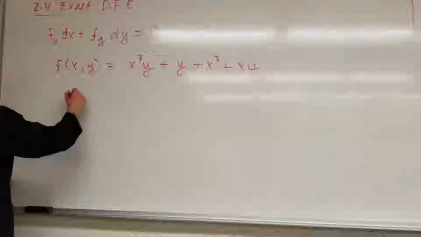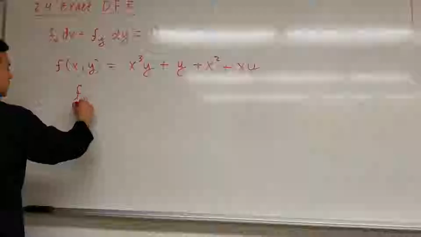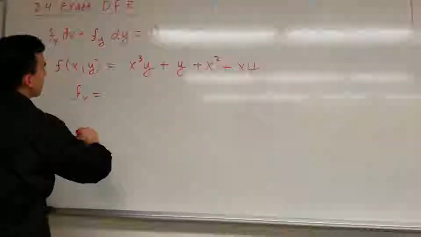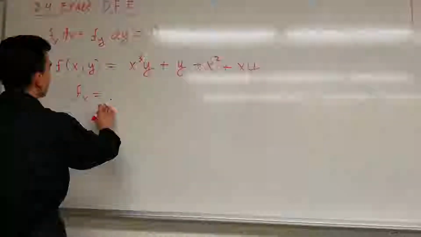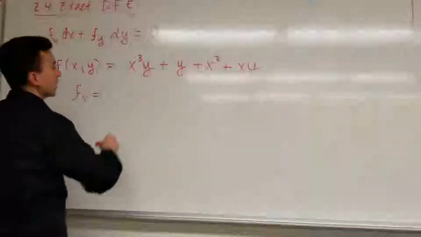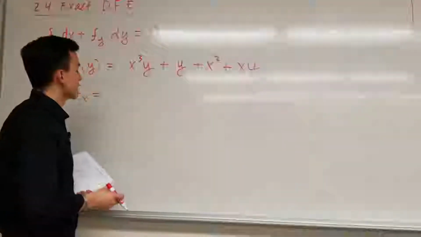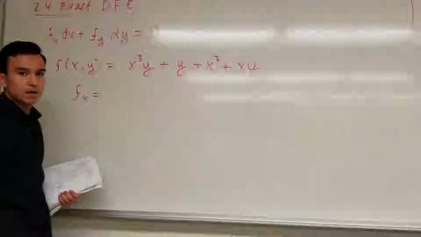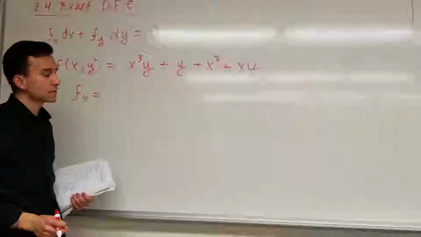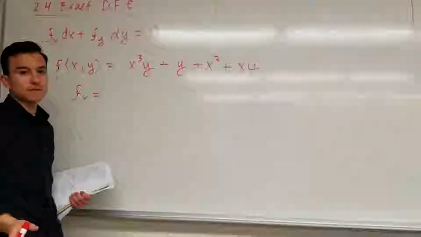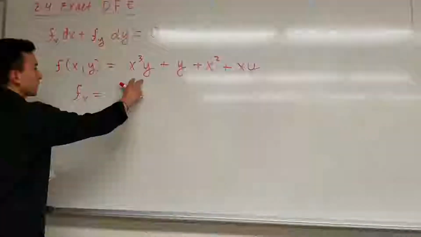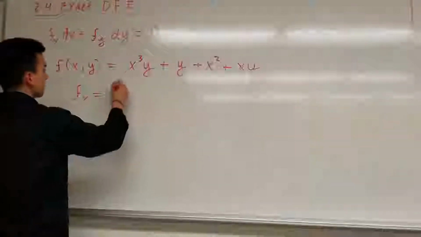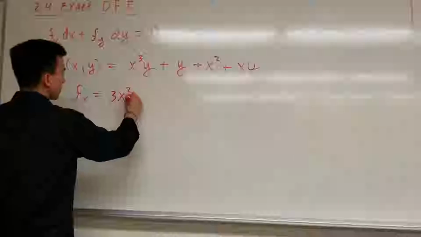Then we're going to take the partial derivative of f with respect to x. We're basically going to do the derivative of each x, but with respect only to x. Anything else will be a constant. So if we take the derivative of x cubed, that's going to be 3x squared y.